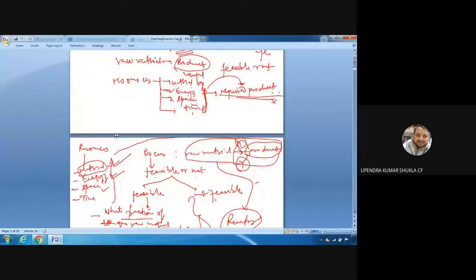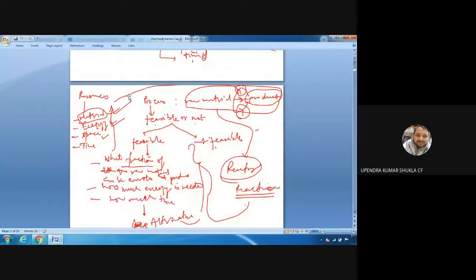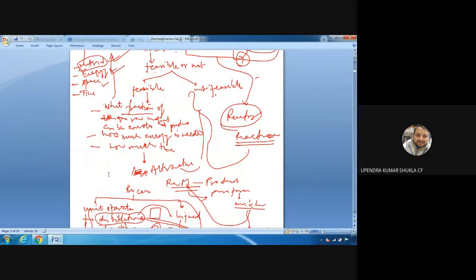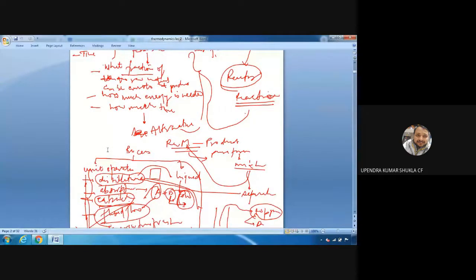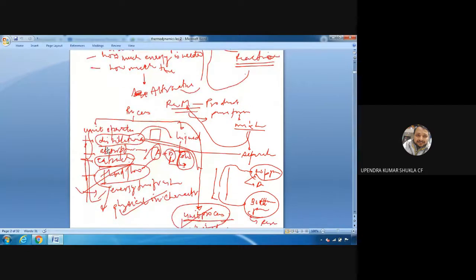First, we need to ask several questions: is that process feasible or not, and if feasible, then what fraction of raw materials can be converted into the product, how much energy requirement is there, how much time. All those resources we need to assess so that we can find out the best alternative, optimized alternative, best route, which requires less energy, less time, all those things. Still, that will be completing our target.